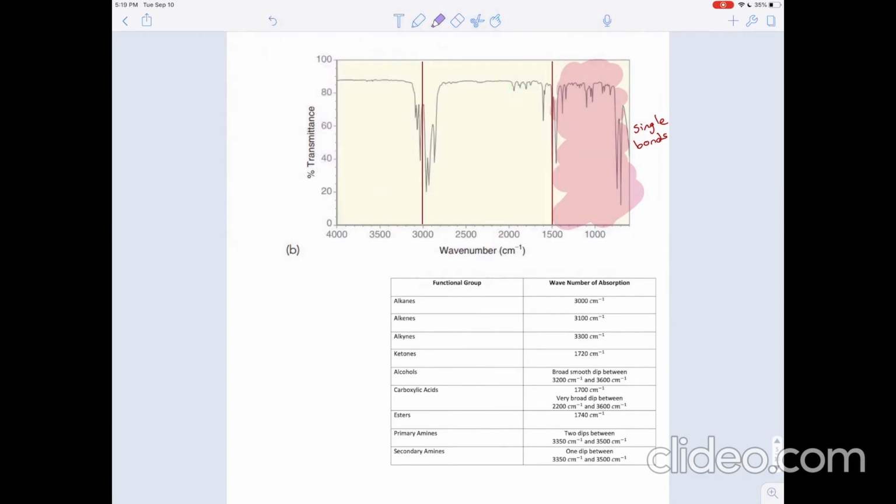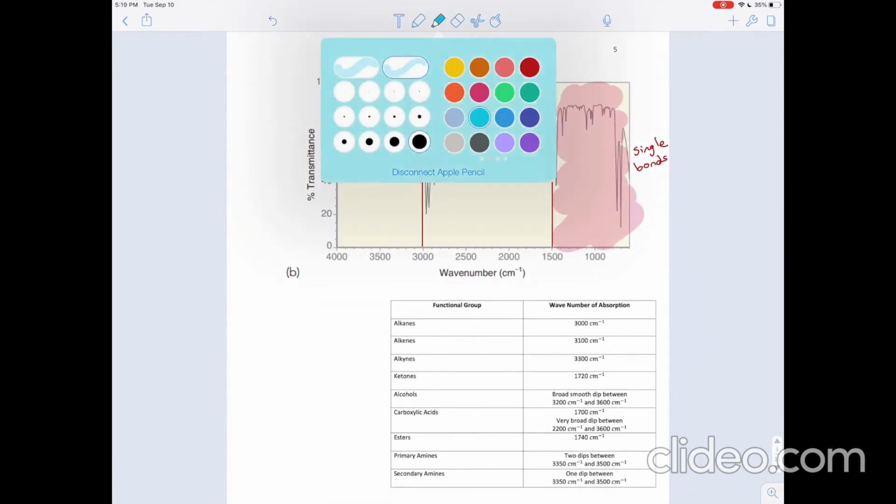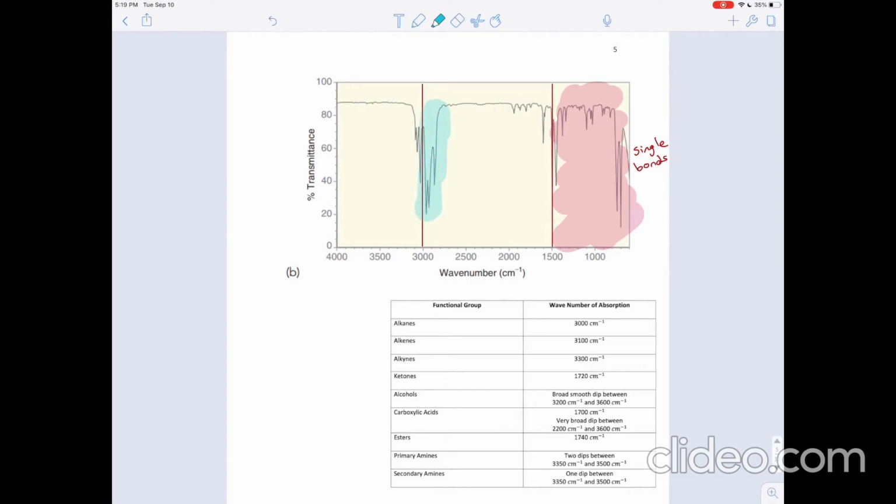Immediately to the right of 3000, like we saw before, is an absorption that represents an sp3 hybridized carbon to a hydrogen. So that's a carbon with all single bonds. That's what you'd call an alkane there.